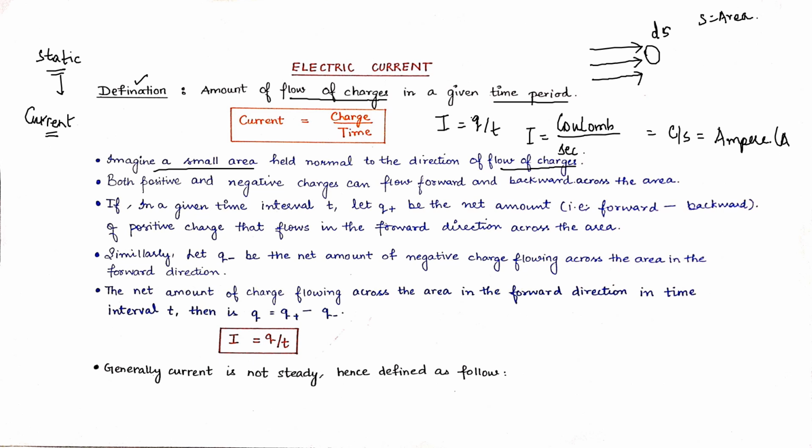In this, both positive and negative charges can flow forward and backward across the area. There is no limitation that only the positive charge should flow or only the negative charge should flow. Both will flow. One will flow from the backward direction and the other one will flow from the forward direction.